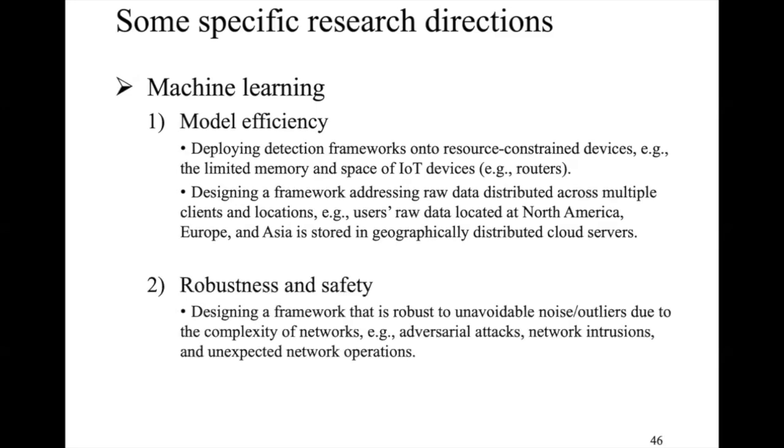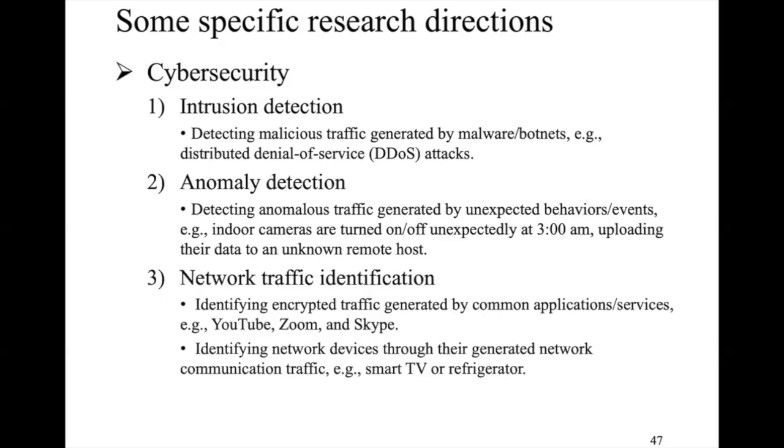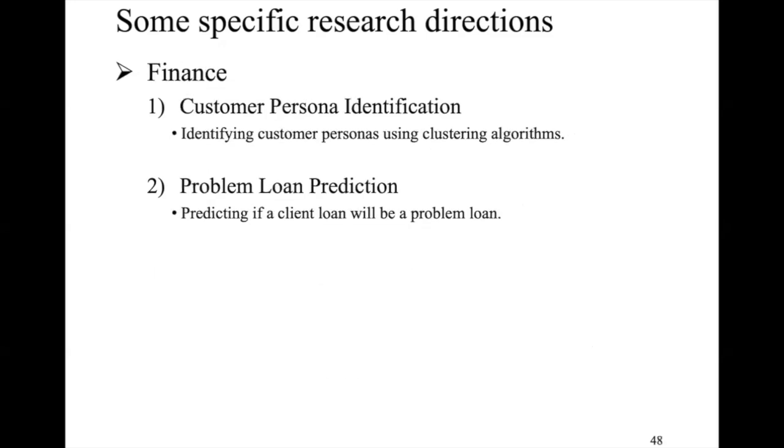Another is robustness and safety. Another is applications for cybersecurity, where we mentioned anomaly detection, and also network traffic identification. For finance, there is salary clustering and regression. That's pretty much all.